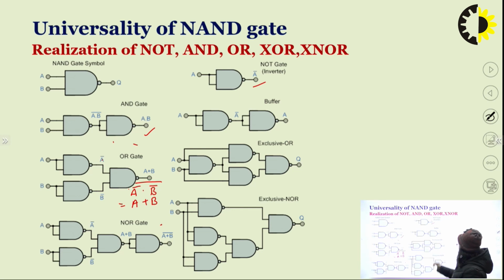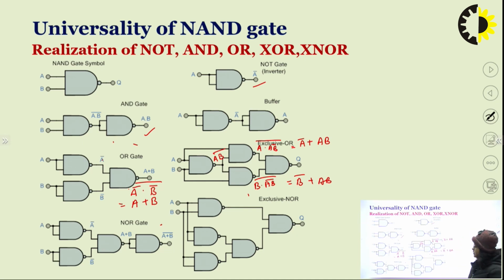Moving towards XOR gate. XOR gate is simply implemented using NAND gate. If we talk about this, the NAND gate output is (AB) bar. If we feed it into the next NAND gates, first it is (A dot AB bar) bar, and for the second it is (B dot AB bar) bar, which is A bar plus AB, and for this one the output is B bar plus AB.